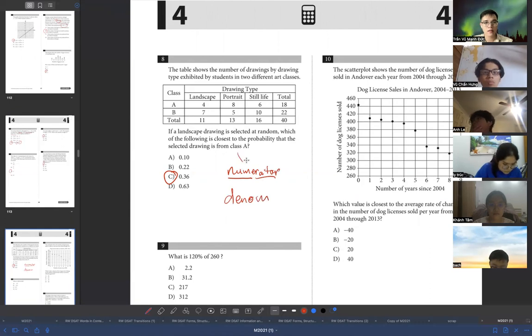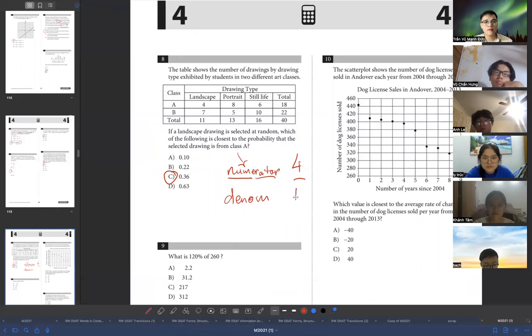What should you put here? Numerator is 4. The denominator is 11.